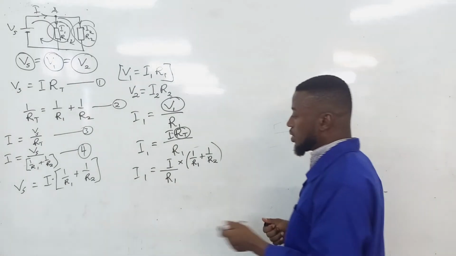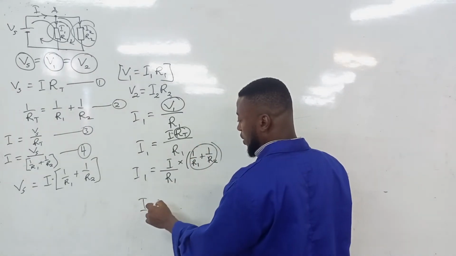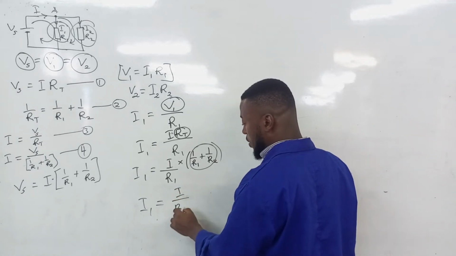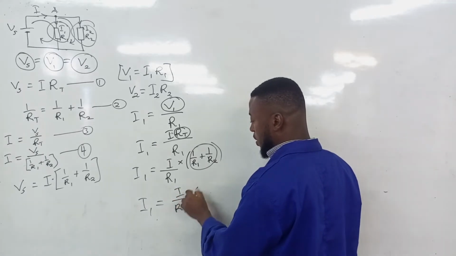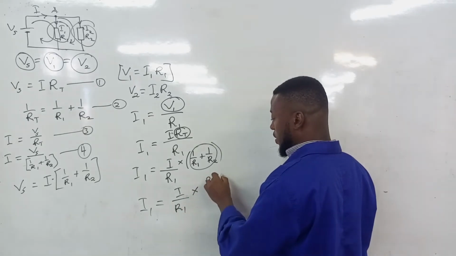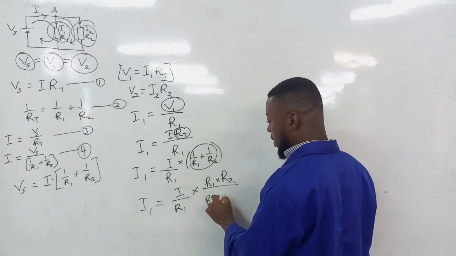When we change this, we get I1 equal to I on R1 times R1 R2 on R1 plus R2.